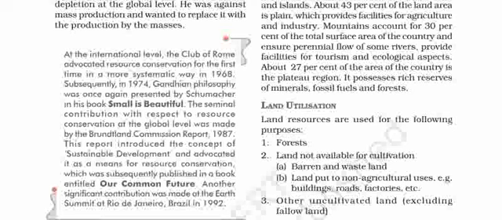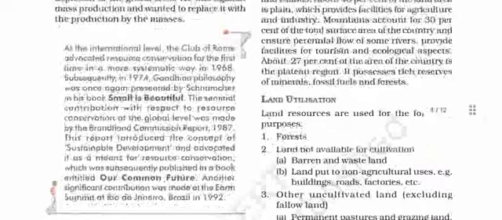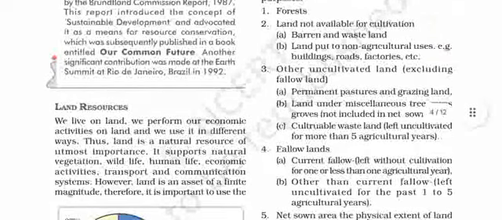This report introduced the concept of sustainable development and advocated it as a means of resource conservation, which was subsequently published in a book entitled Our Common Future. Another significant contribution was made at the Earth Summit at Rio de Janeiro, Brazil in 1992.